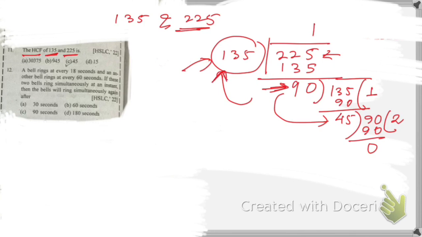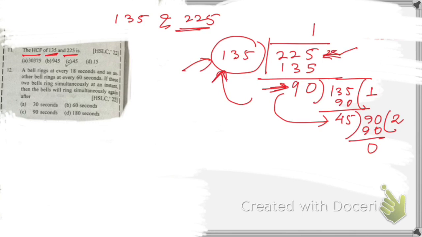So first what we have done: there were two numbers, 135 and 225. 225 is greater, so divide the greater number by the smaller number. If you get a remainder which is not equal to 0, then take that remainder and divide the divisor, that means the smaller number by which you have divided the greater number.